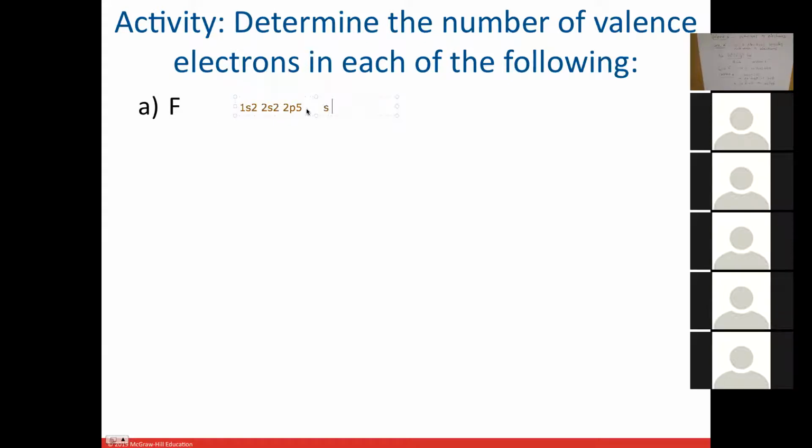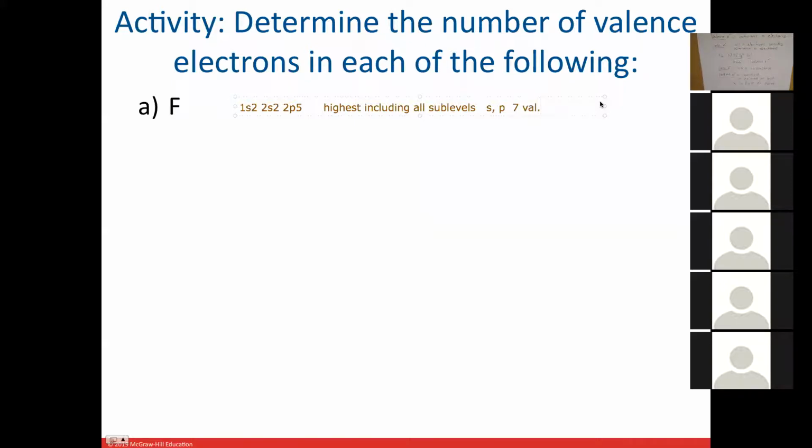Let's make a little note for ourselves. It's a good thing we're practicing. So it's the highest n, including all sublevels. In this case, it would be the s and the p. So we have 7 valence.